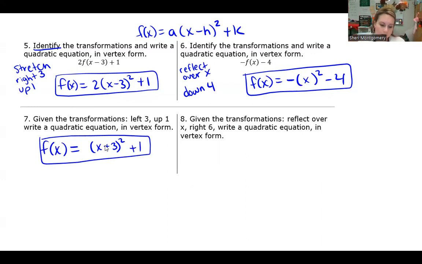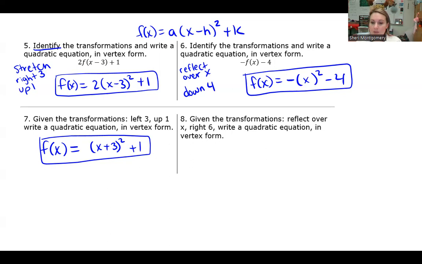Question number 8. I want you to try and write that one on your own. It would say reflected and it would say stretched. I probably am not going to have you do both of those.